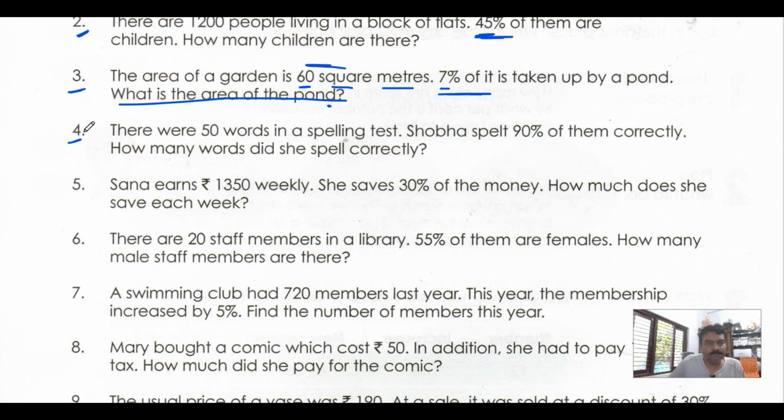Fourth one. There are 50 words in a spelling test. Shobha spelt 90% of them correctly. Okay. So we will see. As I told you, we'll go line by line.